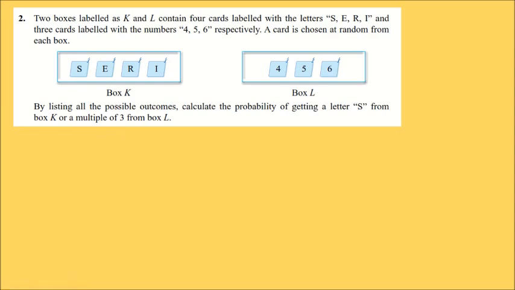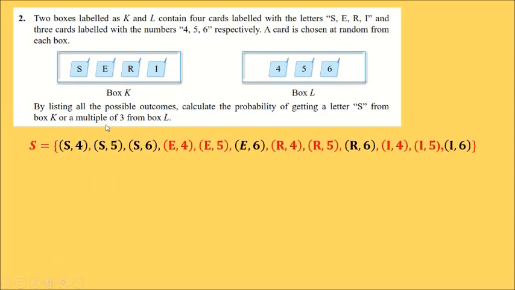As usual, I represent the events as A for getting a letter S and B for a multiple of 3 from box L. Here are all the possible outcomes. A card is chosen at random from each box, so we take one card, here from box K, here from box L. Then from all the possible outcomes, A union B is 6/12.